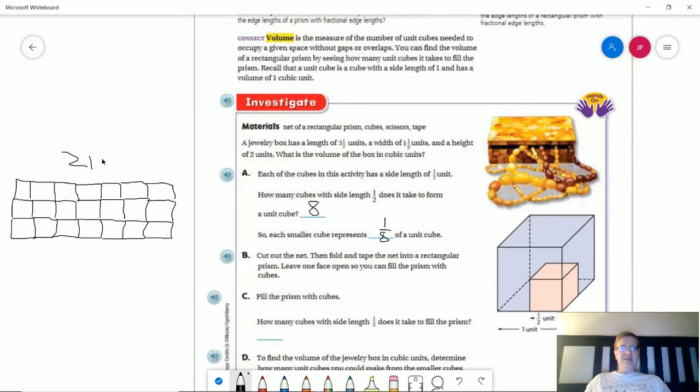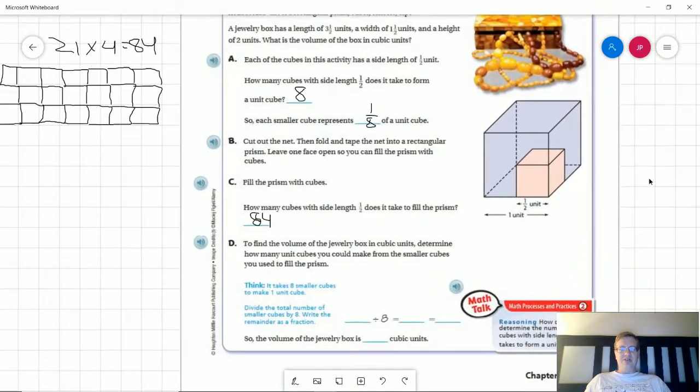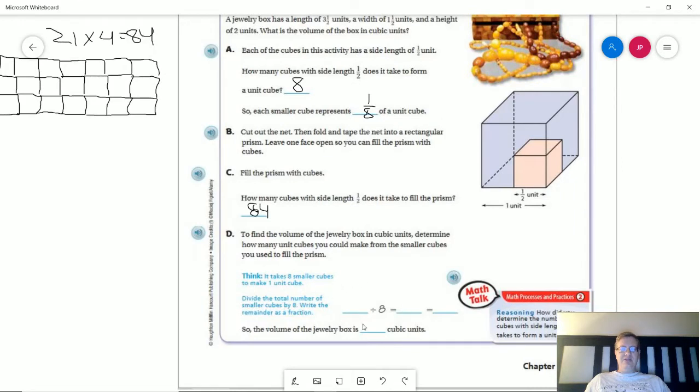So I'm going to have to do 21 times 4 to get 84 blocks, and that is going to be the number of cubes that I need to fill up the shape. And then we are going to go from there. So we are going to use 84 divided by 8, and that's going to give us the total volume inside the shape.